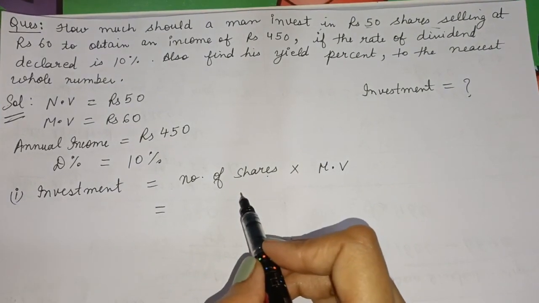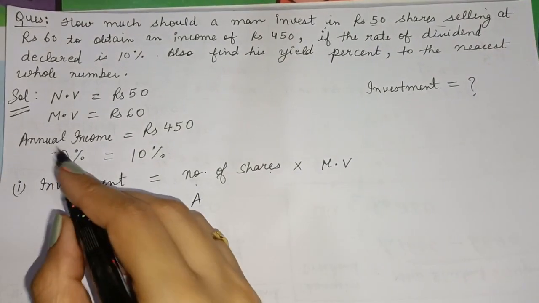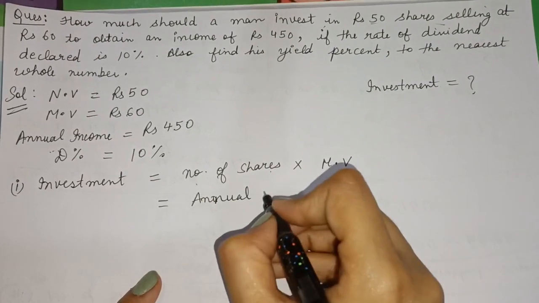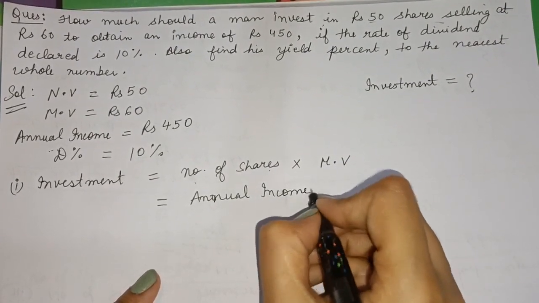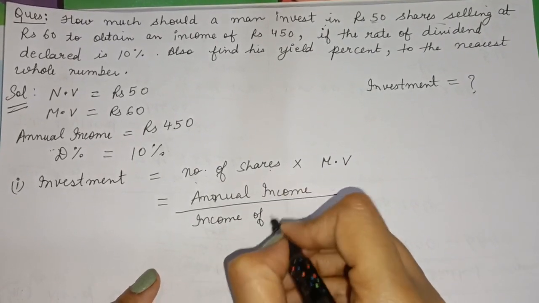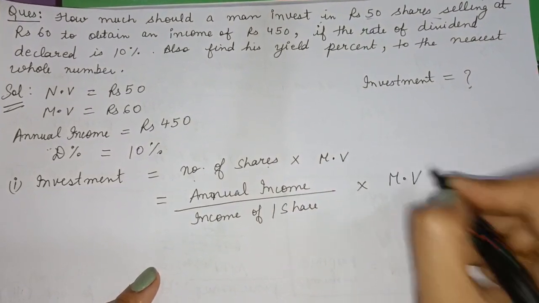So number of shares is, because annual income is given to us, annual income upon income on one share into market value.